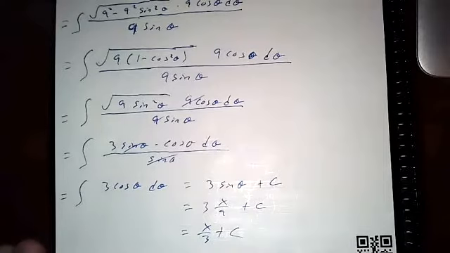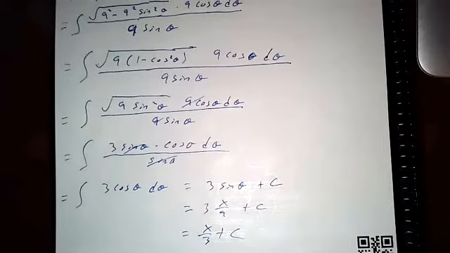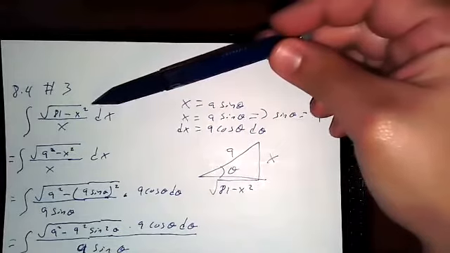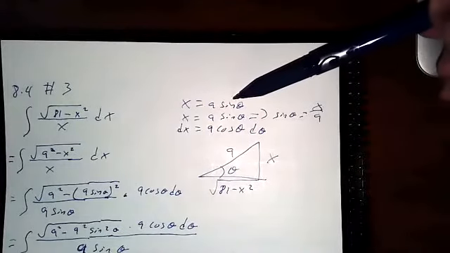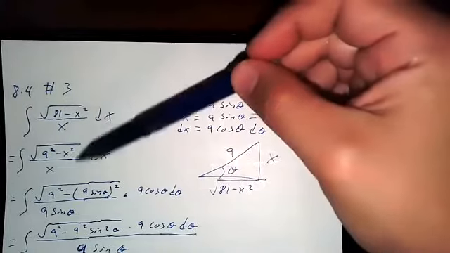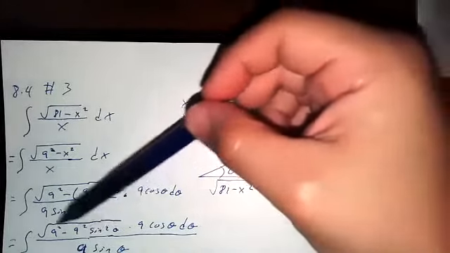Did I forget anything? Double check. I feel like I forgot something. Oh, shoot. No, it looks legit to me. Hold up. X is 9 sine. 9 squared, so factor 9.